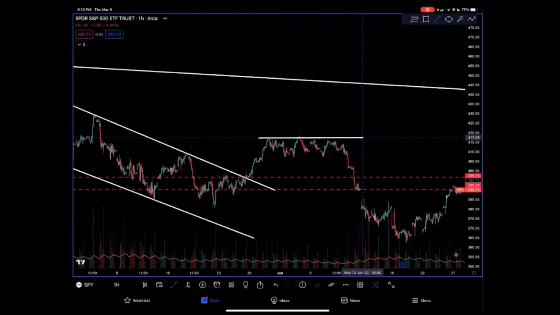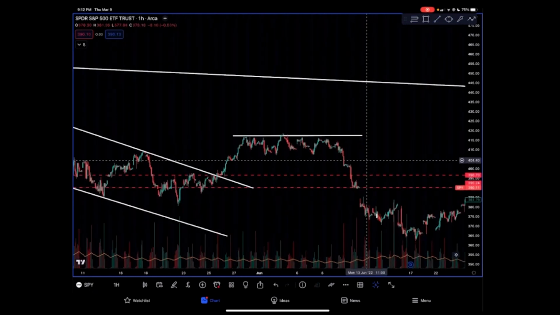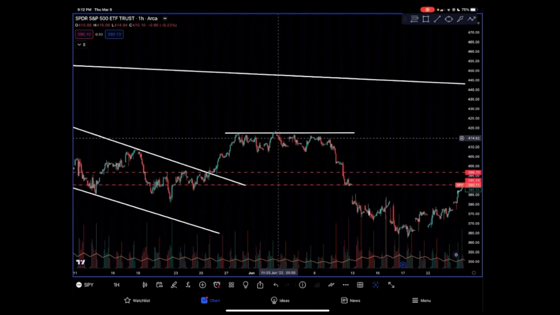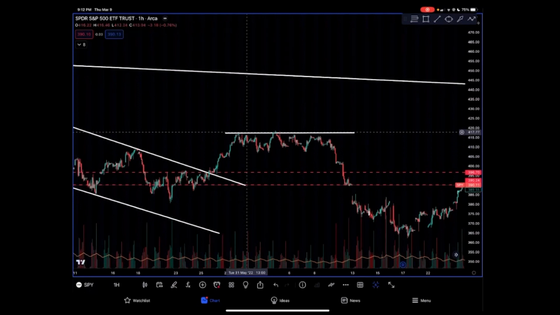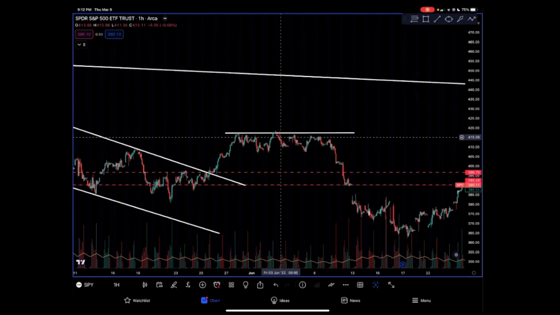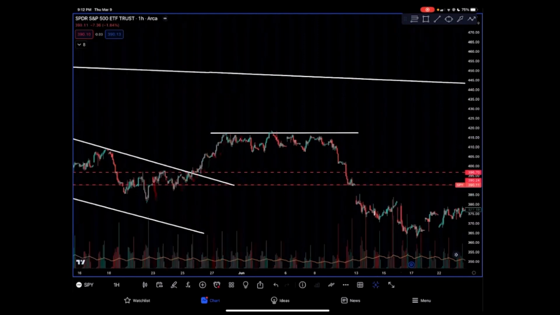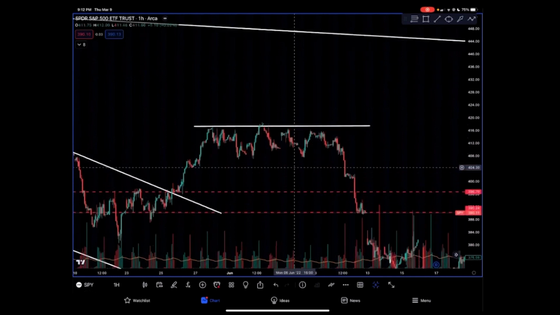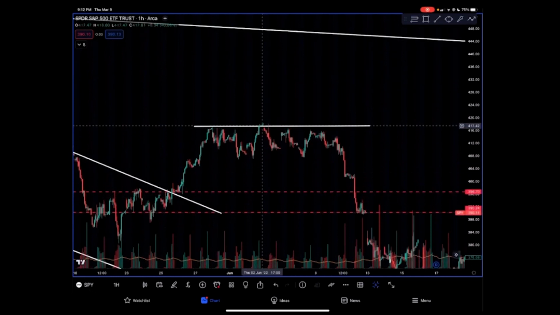Boom. Now, know that these are never going to be perfect. Sometimes you may have a little break above or break below, or a reject below here, and that's normal. If it breaks above, let's zoom in a little bit, like here, this is just a fake out.